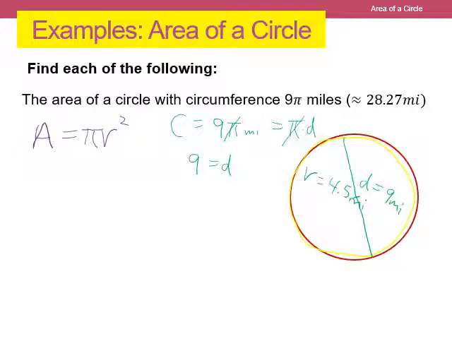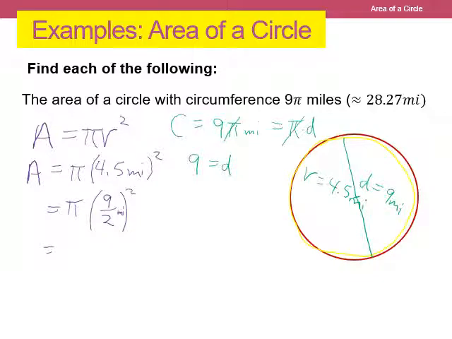So for our area, now that we know the radius, our area is pi times 4.5 miles quantity squared, which is pi. 4.5 is the same as 9/2 miles squared, which is going to be pi times 9 times 9 is 81. 2 times 2 is 4.